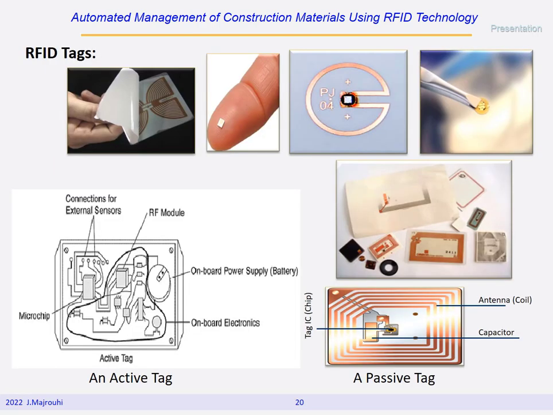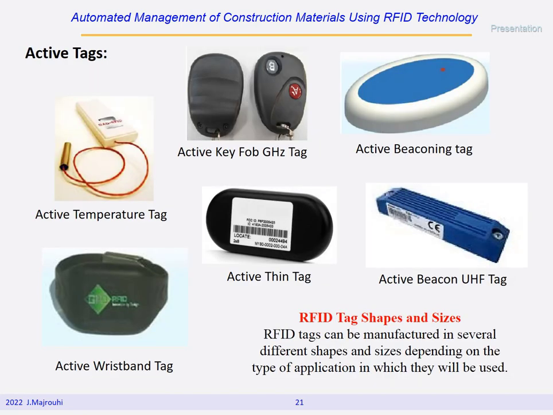In this slide, you can see different types of tags and their elements inside the tags. As indicated in this slide, RFID tags can be manufactured in several different shapes and sizes, depending on the type of application in which they will be used.